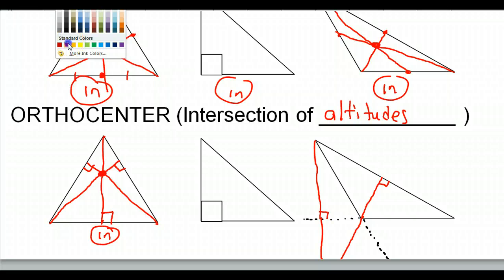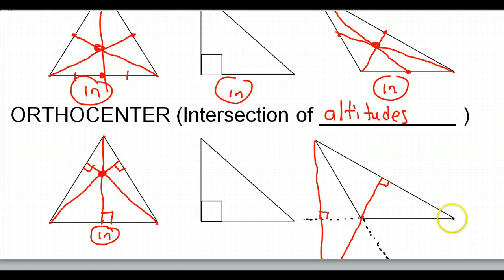Okay, so when I go vertex to a perpendicular, it's going to be like that. Alright, there's my altitude from here. And again, if I extend this further, eventually all three of them will meet off camera down here someplace. Alright, so this last one.